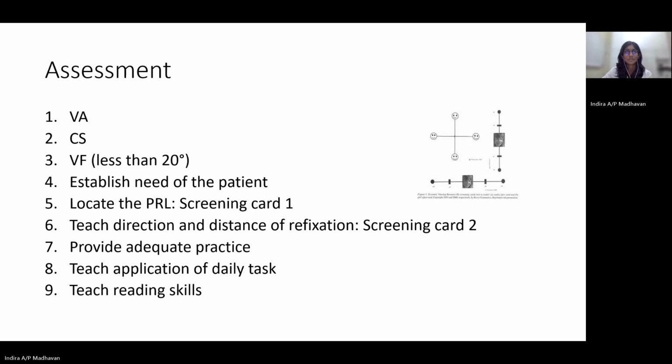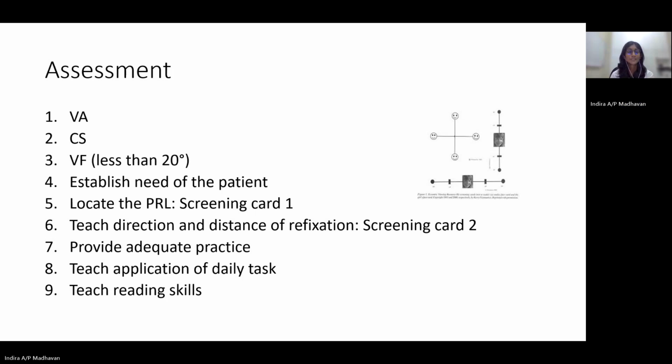The reason why we use the Jerome screen test is for us to identify the location of the central scotoma that the patient is having, and also to determine the size of the scotoma. Why we need to know the size and location of the central scotoma is for us to determine whether we can train or suggest the patient with eccentric viewing training or not.